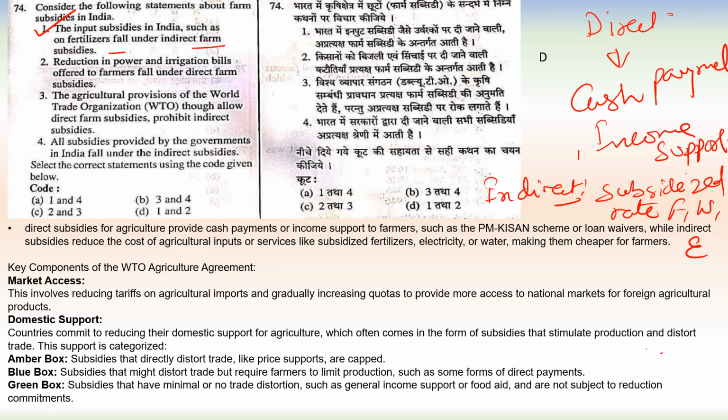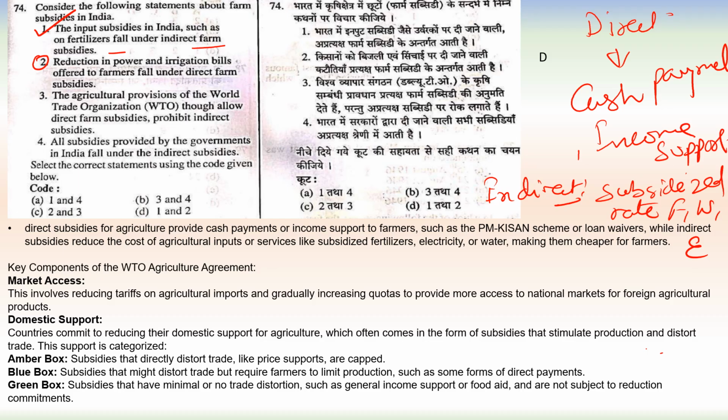This is correct. Reduction in power and irrigation bill offered to farmers falls under the direct farm subsidies. This is something confusing. We'll see at the end. It seems like indirect, but we'll see. Third one, the agriculture provision of WTO, World Trade Organization, allows direct farm subsidies, prohibits indirect subsidies.